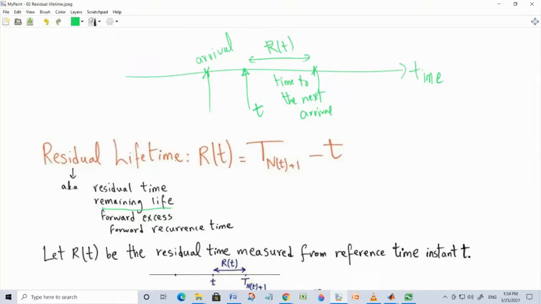Okay, so here you need to understand everything, and in the coming homework I will ask you about the age process, or the age. So the age of the process, which is W of t, is if you inspect the process at time t, you ask yourself, what is the time difference between now and the previous arrival?